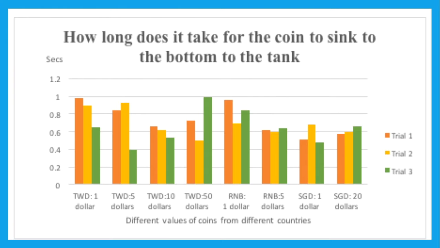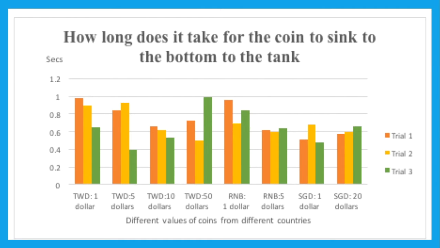And the last graph, which is also the most important one, shows the 3 trials. The orange one is trial 1, the yellow one is trial 2, and trial 3 is the green one. As you can see in the graph, Taiwanese $5, which is green, so its trial 3, has the lowest time.